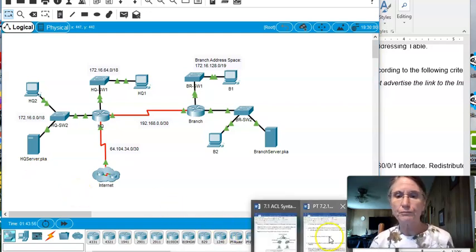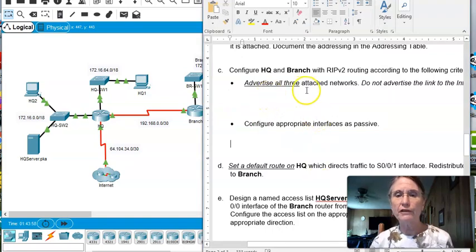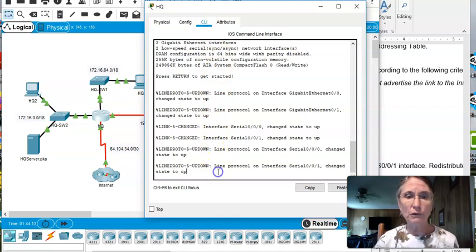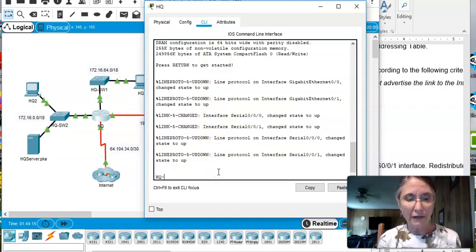So again, we're going to advertise 3 networks. We are not going to advertise the network to the internet, and we are going to configure appropriate interfaces as passive. I will work on the headquarters router and then leave the branch router to you.